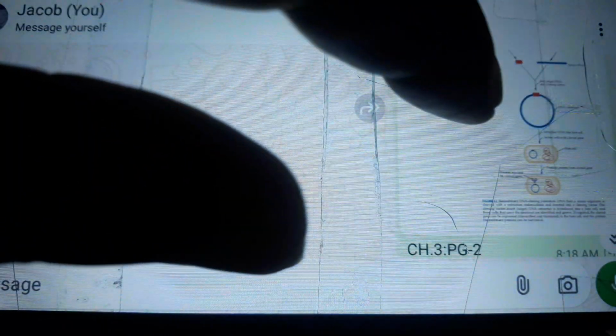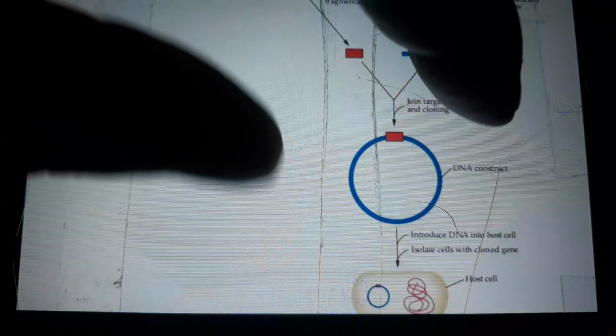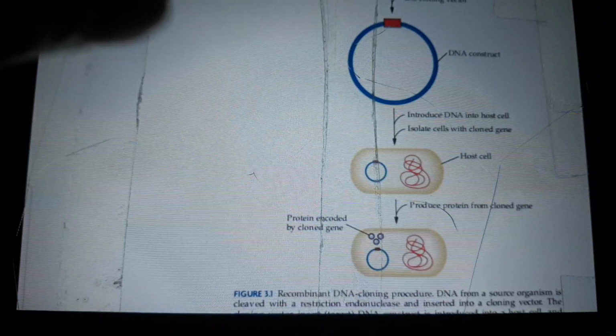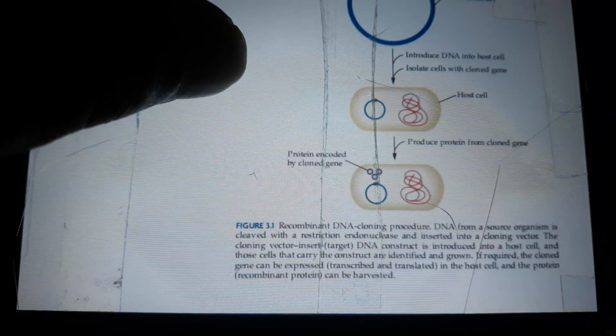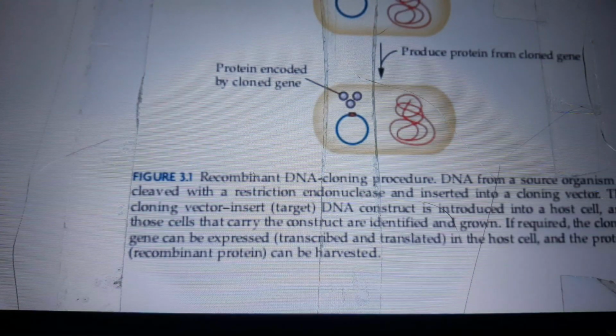This is a schematic. This diagram shows the recombinant DNA cloning procedure. DNA from a source organism is cleaved with a restriction endonuclease and inserted into a cloning vector.